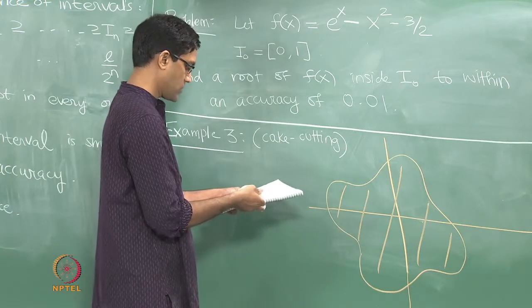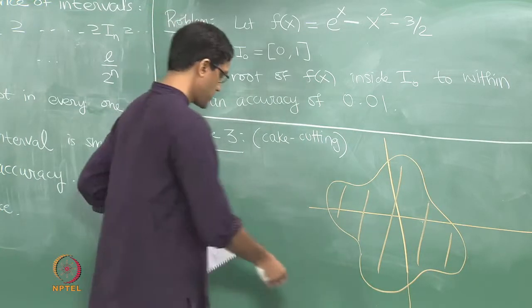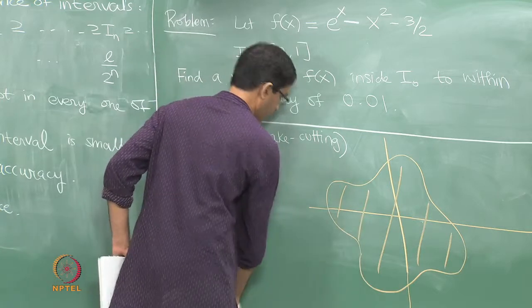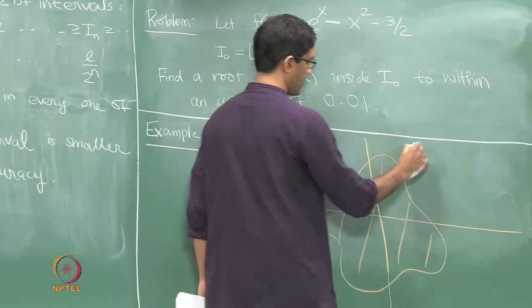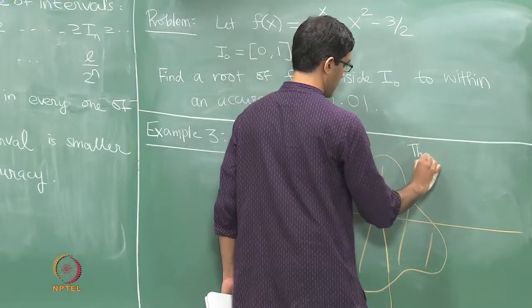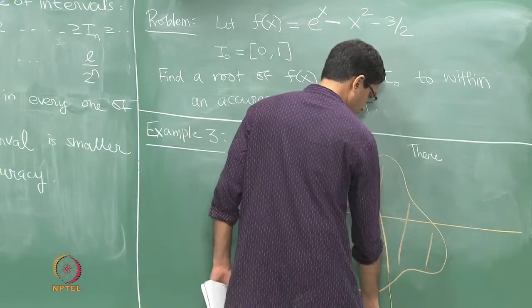So here's the statement itself. It says there exists a line parallel to the y axis which cuts this cake into two equal halves. So the cake cutting problem says, well, here's the assertion that we will try and prove.